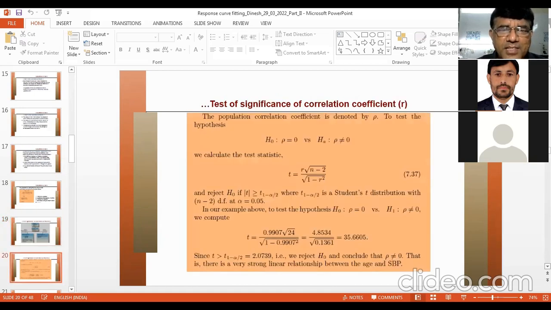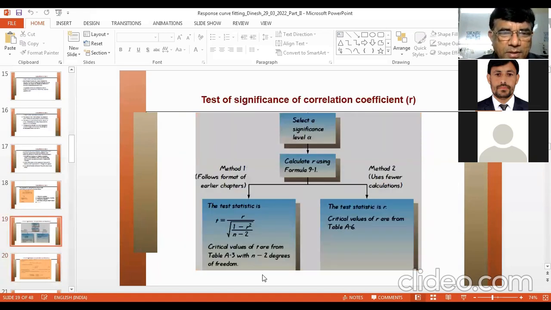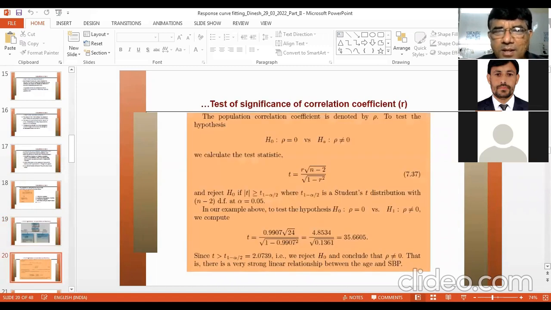Now method 1 is explained here. We calculate the T statistic. T is equal to R into the square root of N minus 2, either you use this formula or you use the other formula. The meaning is the same.